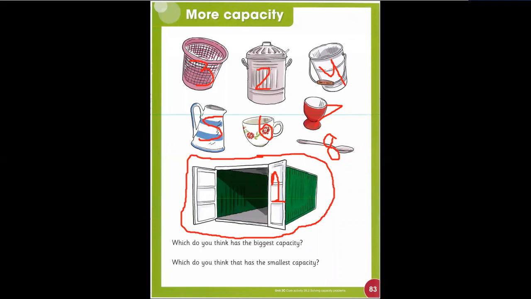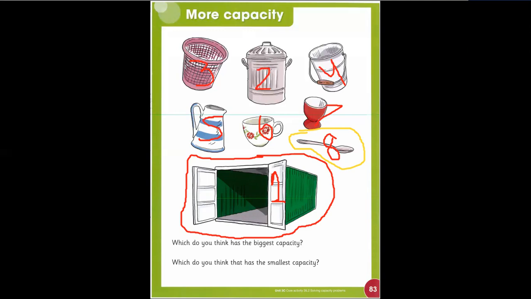You know that the spoon has the least capacity. So you can understand very easily which has the most capacity and which has less capacity.